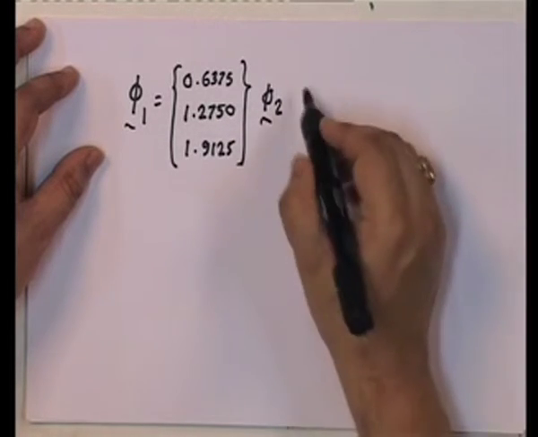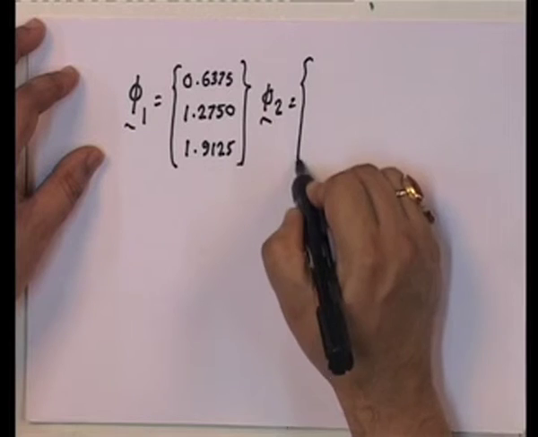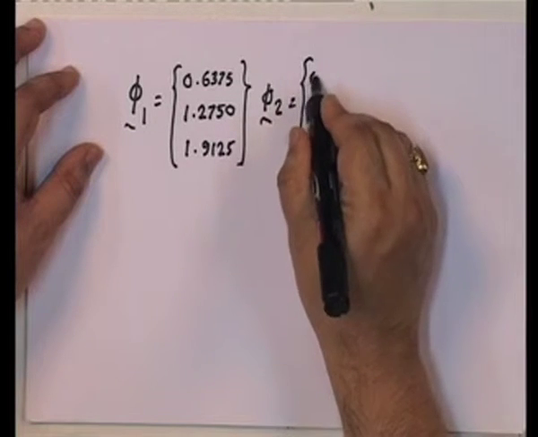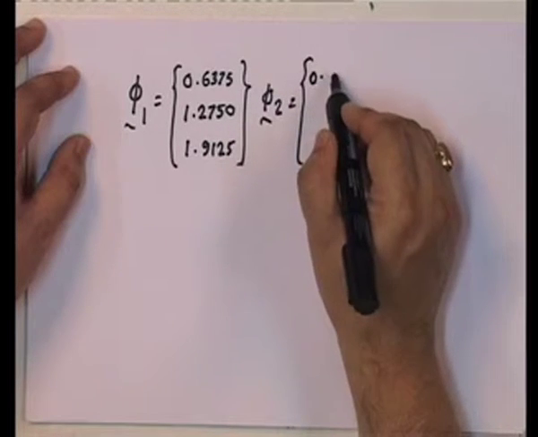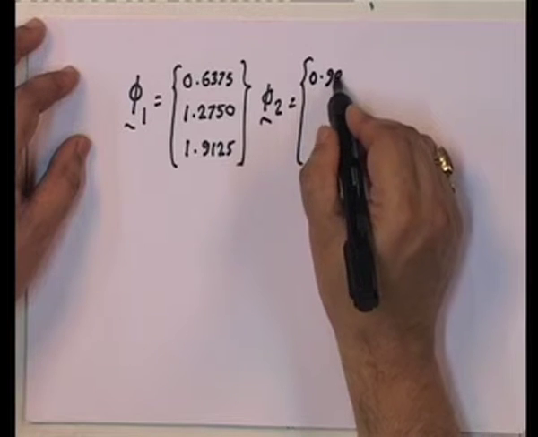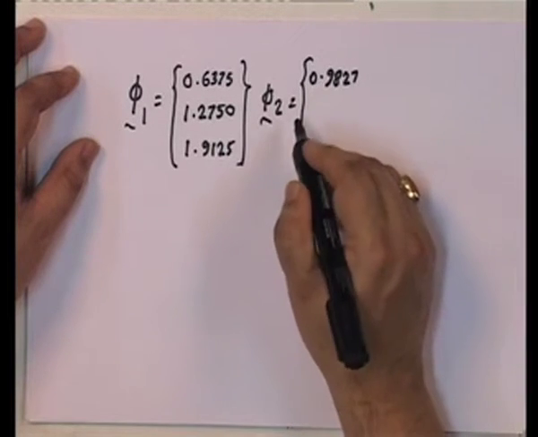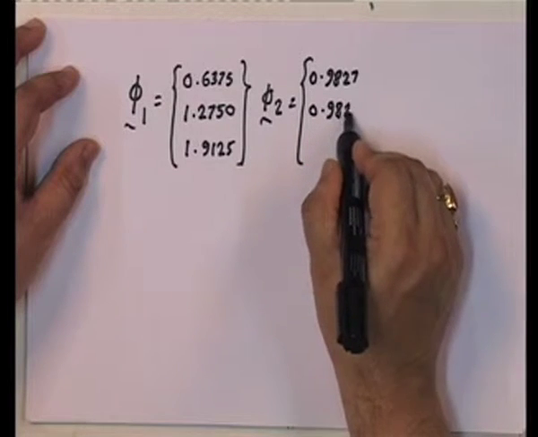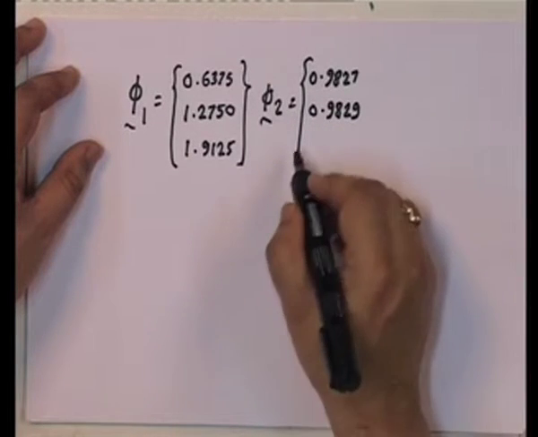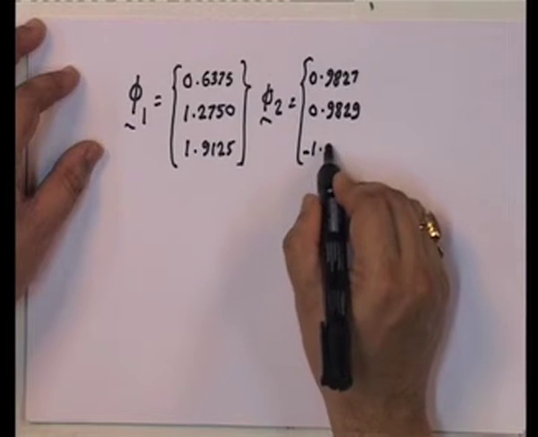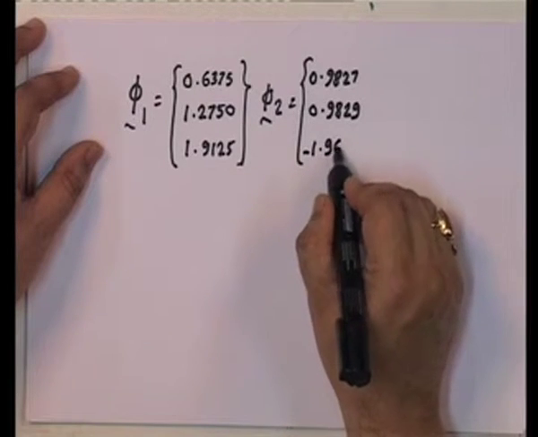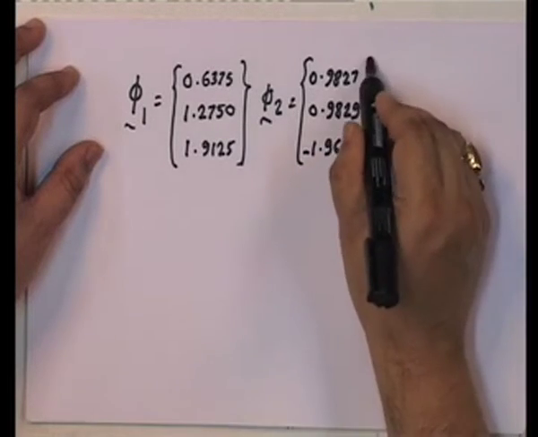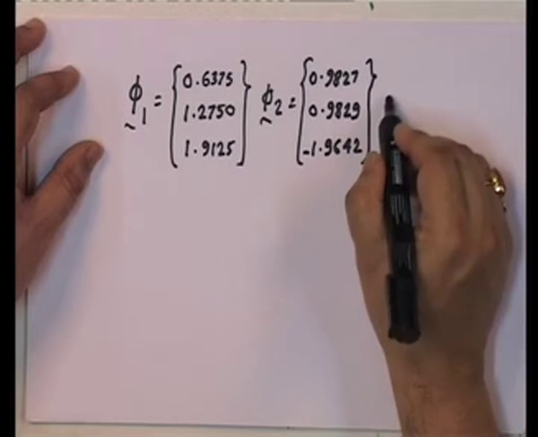This is the first vector. The second vector is 0.9827, 0.9829, and minus 1.9642.